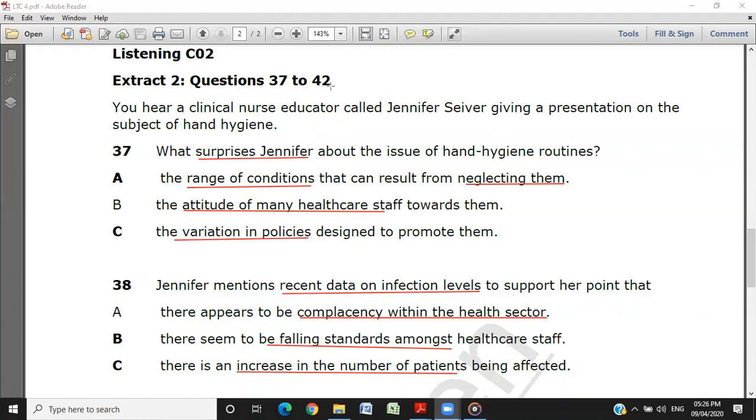Let's first put things into perspective with new data from the Centers for Disease Control and Prevention in the USA, which found that 1 in 25 patients acquires a healthcare-associated infection during their hospital care. Now, for whatever reason, this figure doesn't tend to set off any real alarm bells in people. But that adds up to about 700,000 infections a year.